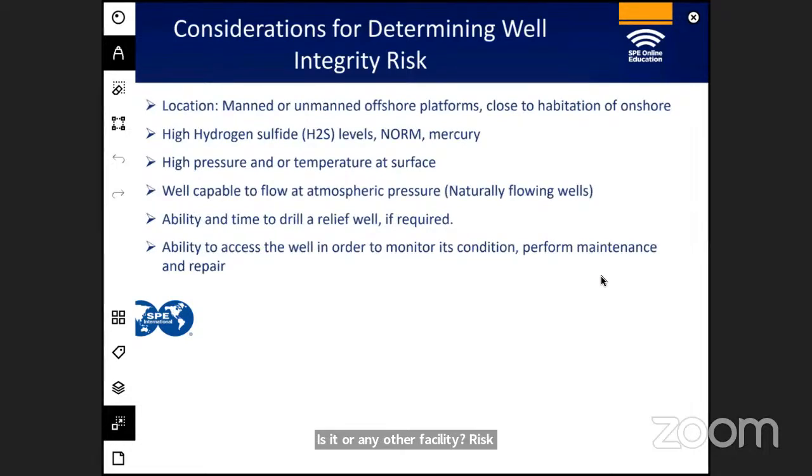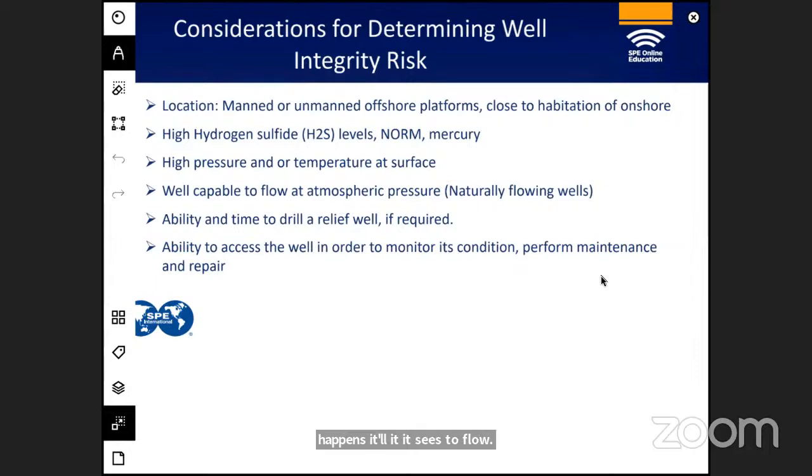Some of the other considerations for determining risk are the location, whether it is a manned or unmanned platform, whether it's close to habitation, what the toxicity in the well is, whether it has H2S, whether there is NORM, which is naturally occurring radioactive material, or what kind of toxic fluid is there, how high the pressures and temperature are for the well, whether the well is capable of flowing naturally, or if an event happens, it'll cease to flow.